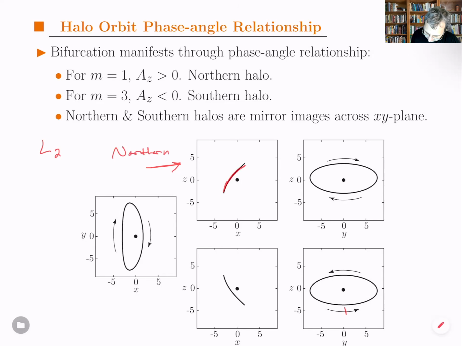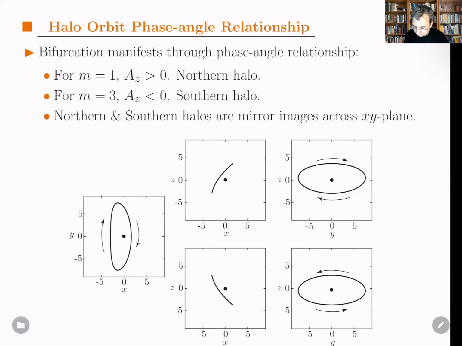You see it's kind of spending a lot of time above z equals 0. And then these are the southern ones. So there's these two types of halos, and they're symmetric. They're mirror images across the XY plane.